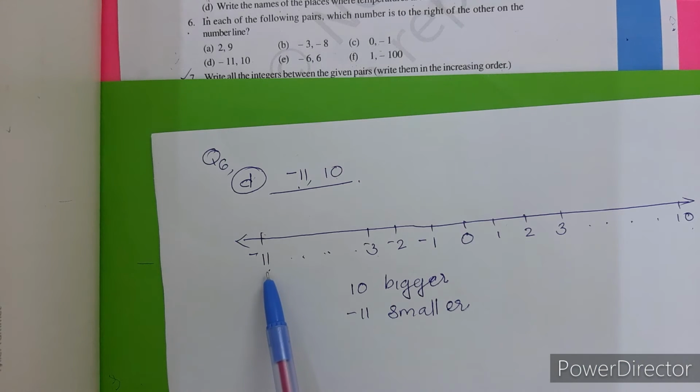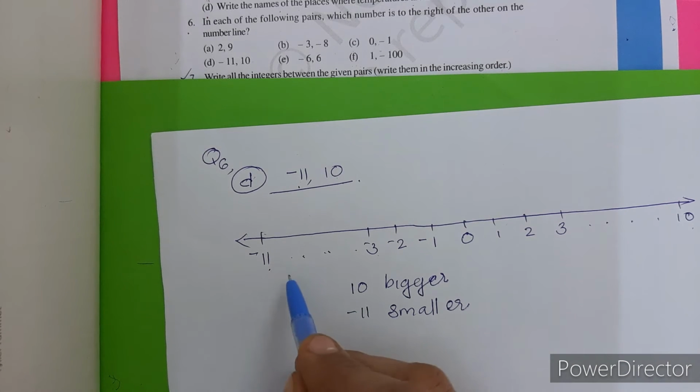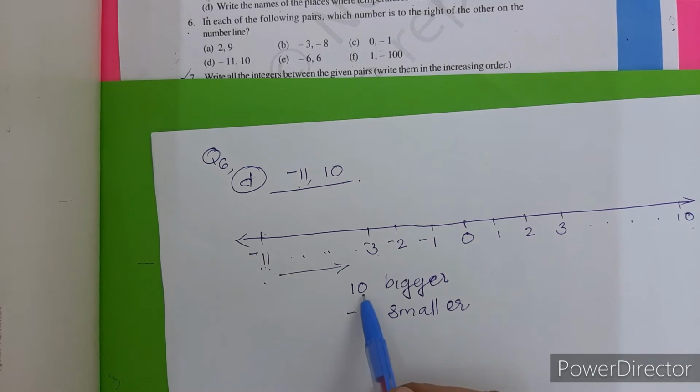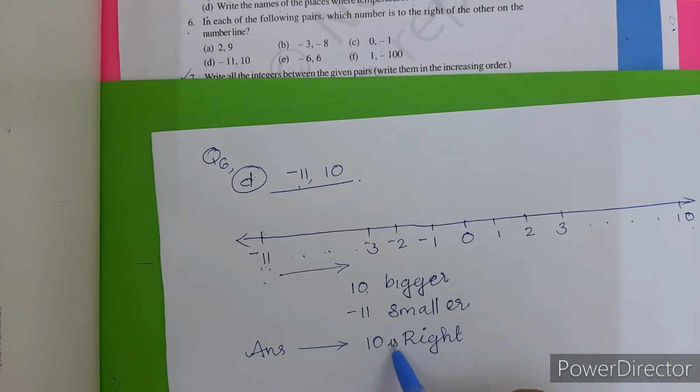10 is present on the right side of the smaller number, that is minus 11. This is the right side of minus 11, which is the smaller number. So we can easily identify that 10 is right to minus 11. So the answer is 10 is right to minus 11.